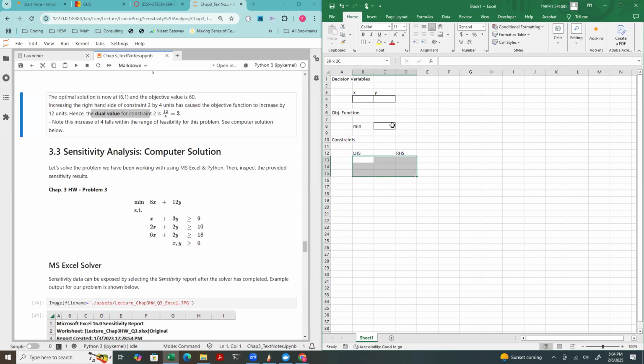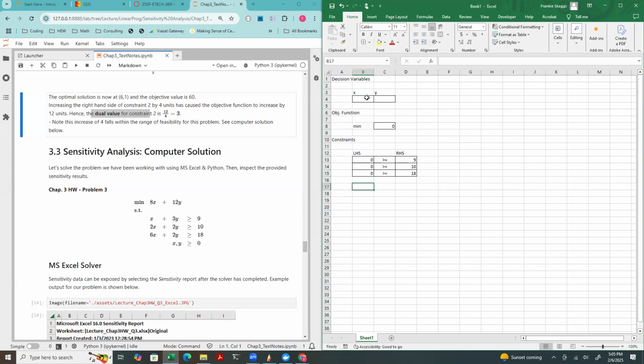And it looks like we've got three constraints here, all greater than or equal to: x plus 3y, 2 times x plus 2 times y. Hopefully at this point in the semester, this is becoming more and more natural to you. I definitely encourage you to experiment with the Python side of things as well.